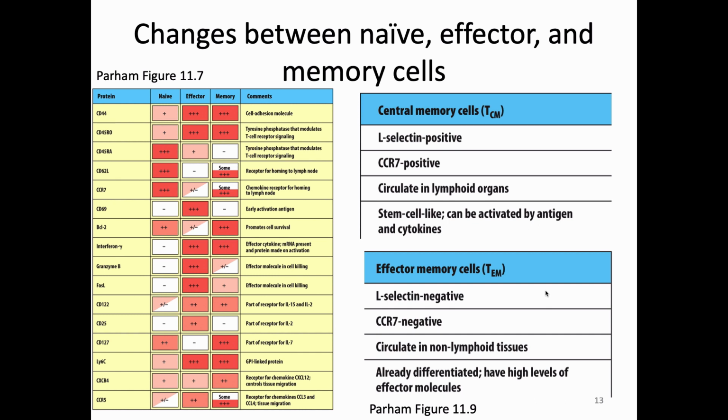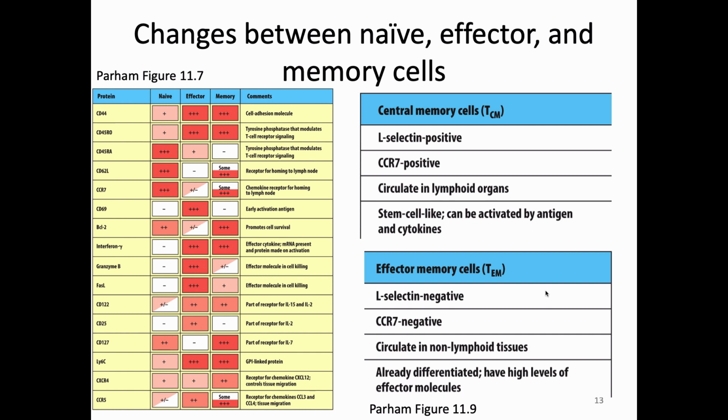But what you can see is that the effector cells are going to be a little bit different than the memory cells. The effector cells are going to have lots of granzyme B because they need to be ready to kill right now. The memory cells need to be able to be triggered to make granzyme B easily, but they don't need to be able to kill right now. In fact, that ability to make lots of granzyme B is probably why the effector cells are kind of short-lived.